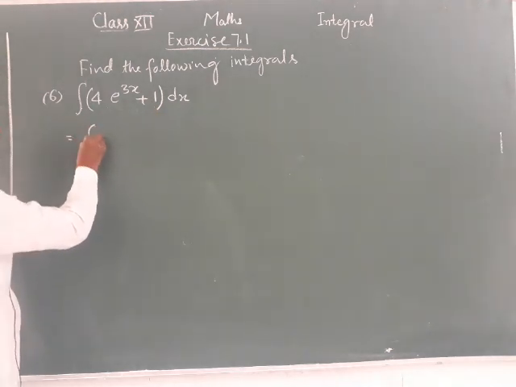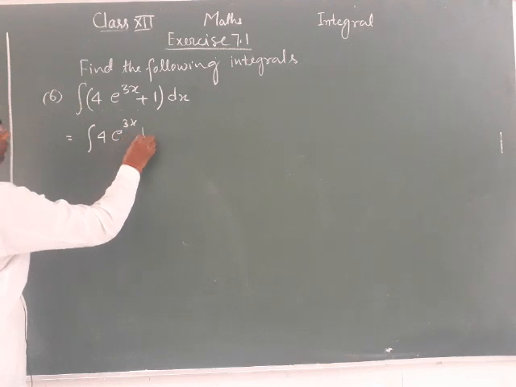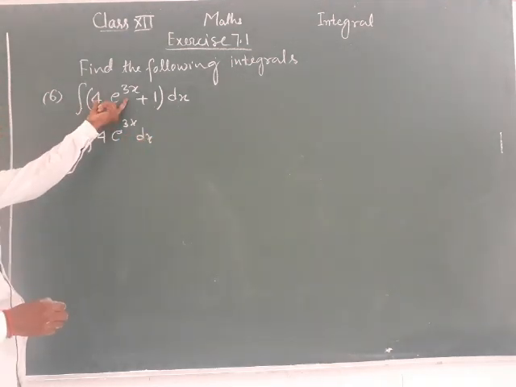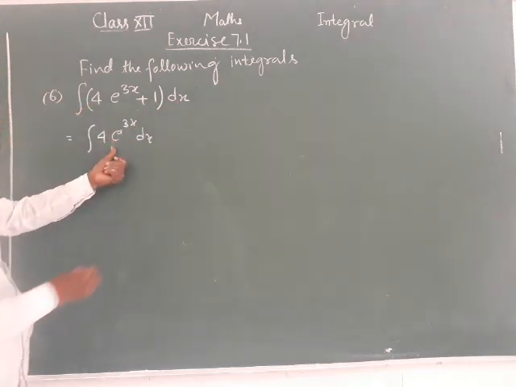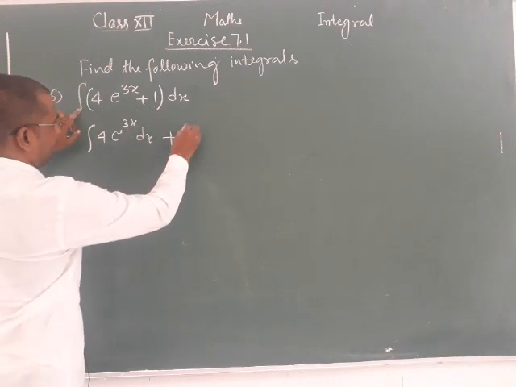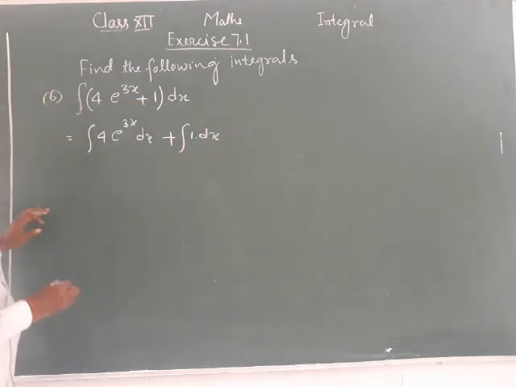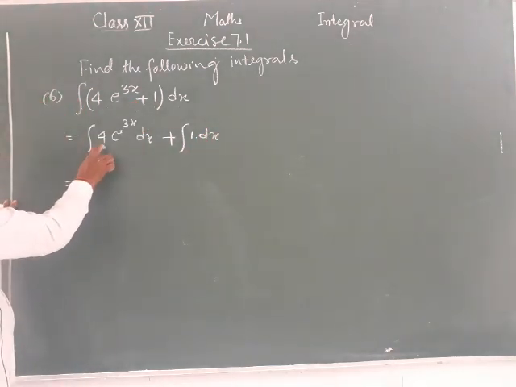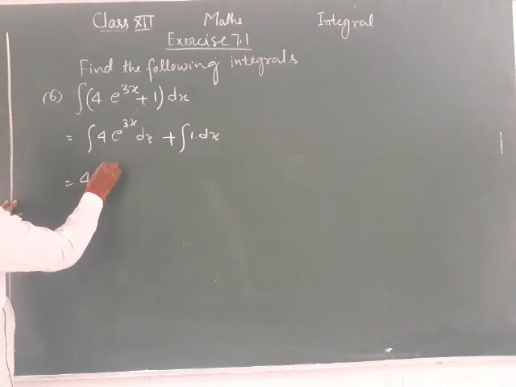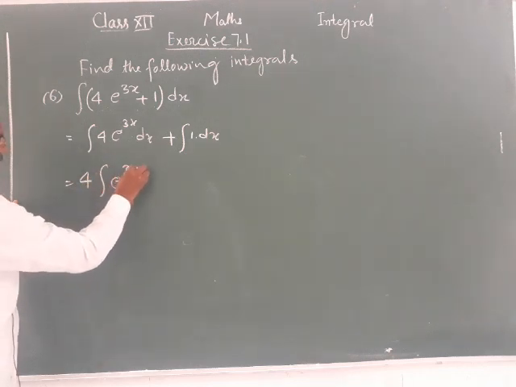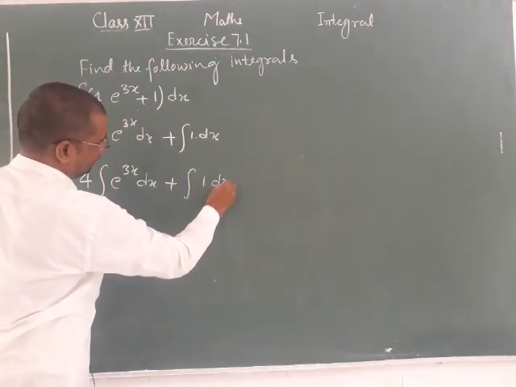So integration of 4 e to the power 3x dx plus integration of 1 dx. Also 4 is a constant, so common out: 4 integration of e to the power 3x dx plus integration of 1 dx.